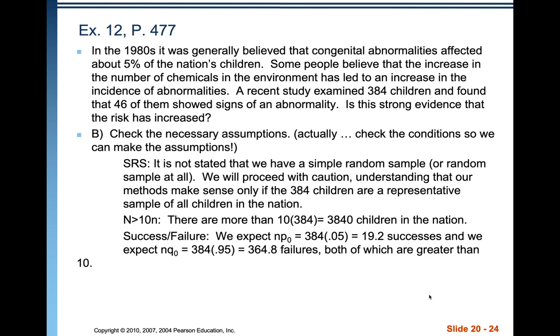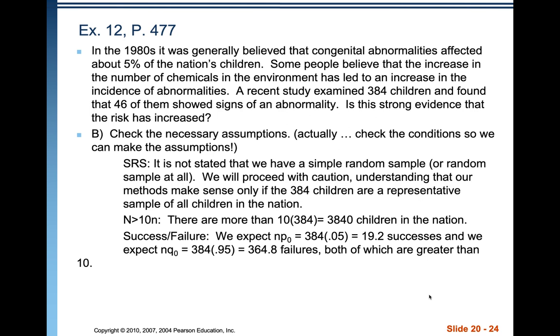All right, it's not stated that we have a simple random sample or random sample at all. We will proceed with caution, understanding that our methods make sense only if the 384 children are a representative sample of all children in the nation. There are more than 10 times 384, 3,840 children in the nation, so we're good on the 10% rule.